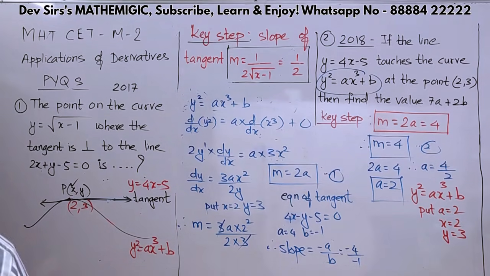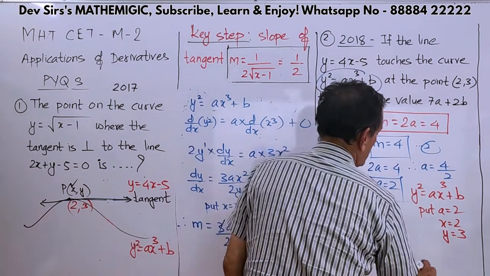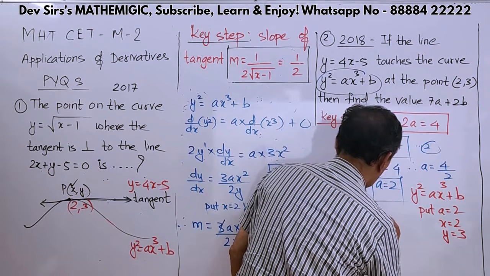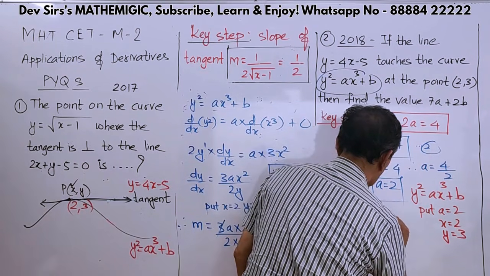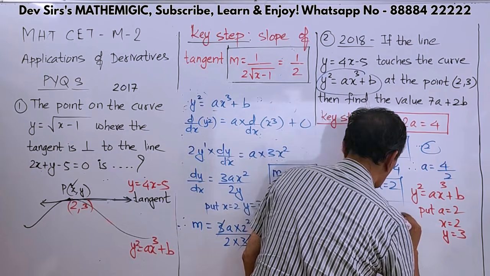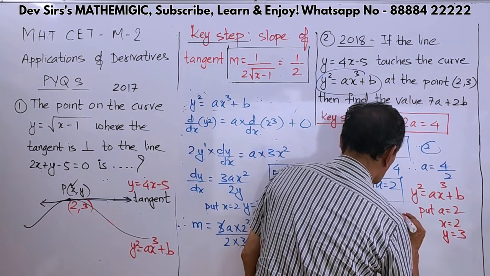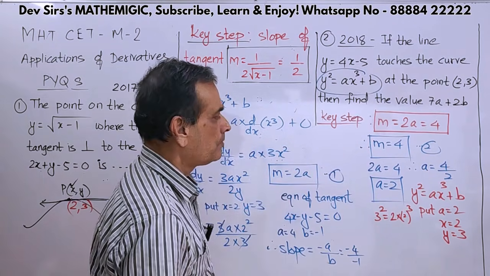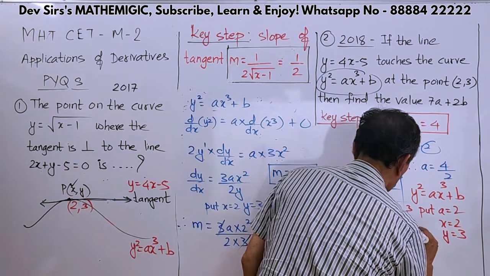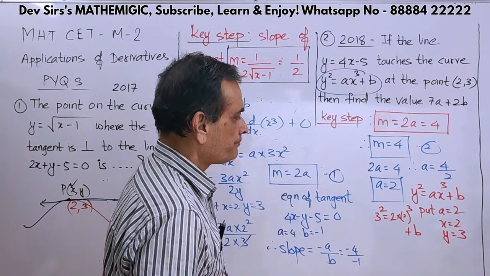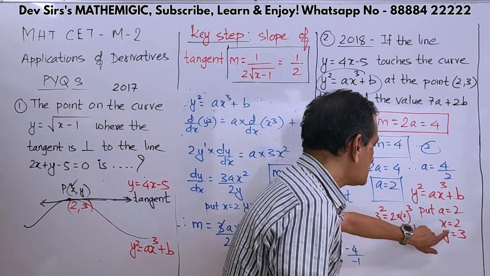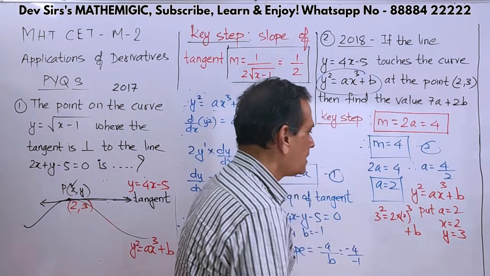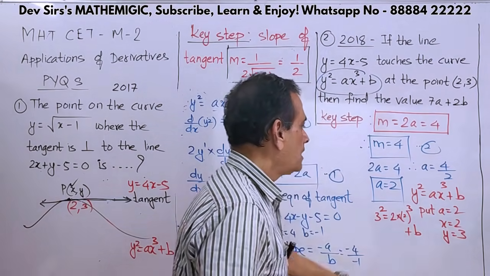Go ahead. Y is 3, a is 2, x is also 2. b is not known. Check. x is 2, a is 2, y is 3.